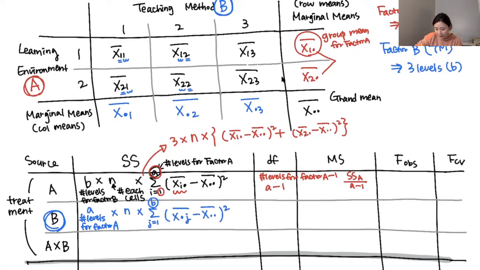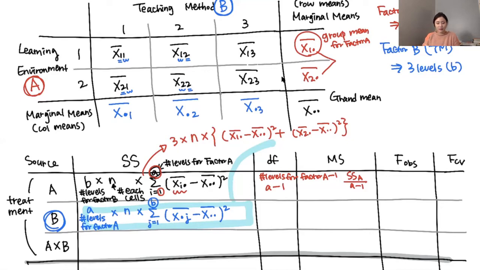So we can rewrite these cells because we have 2 levels for learning environment, 2 times n, however many observations we have, times, because we have 3 group means, x dot 1 bar minus x dot dot bar squared plus x dot 2 bar minus x dot dot bar squared plus x dot 3 bar minus x dot dot bar squared.